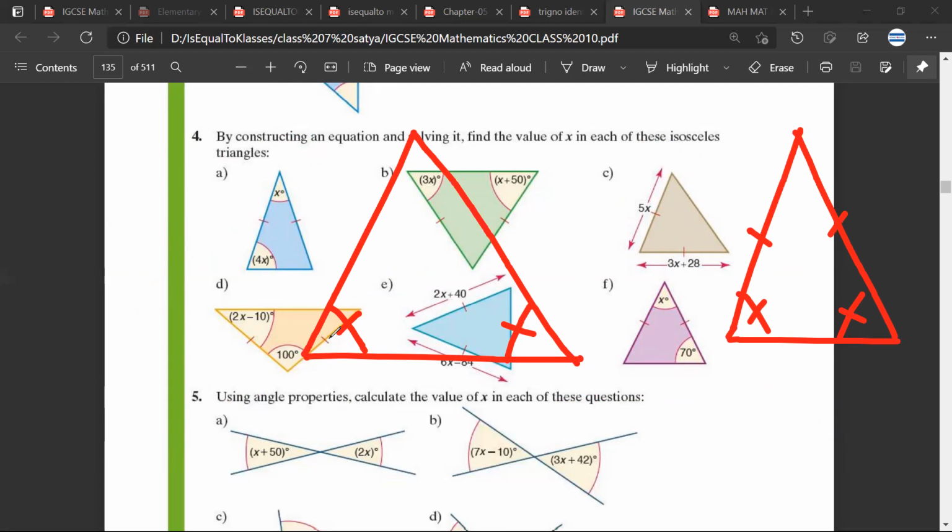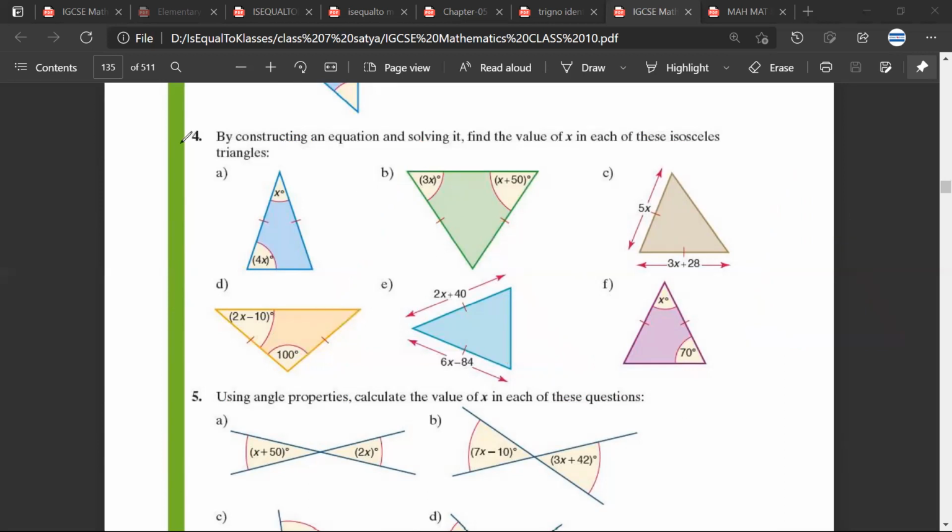Then I'll say that this is an isosceles triangle. And similarly, this side would be equal to this side. Mr. Satya, any doubt? No, sir. So we'll discuss this question number 4 next time, because you need to do this question again. Is there any doubt still?